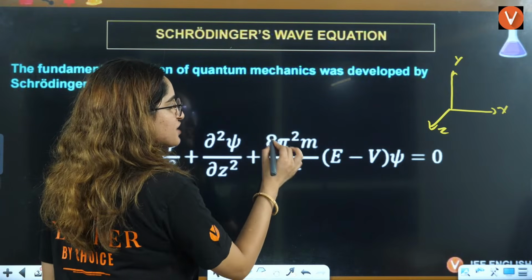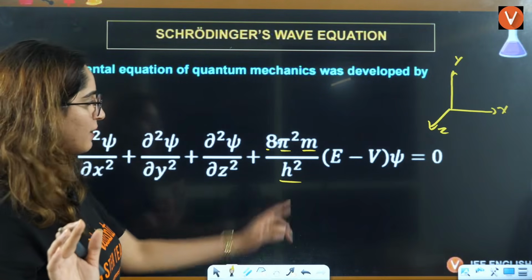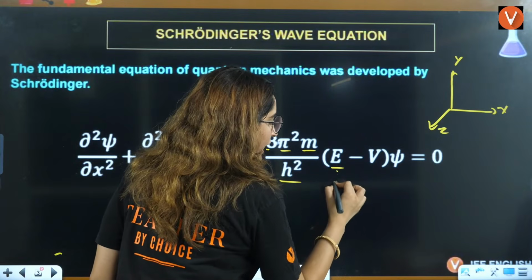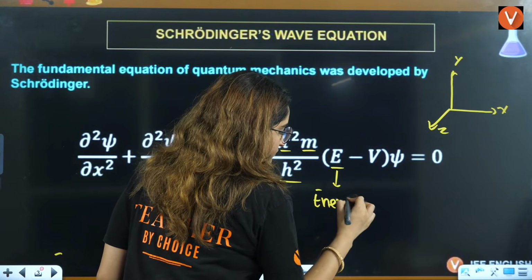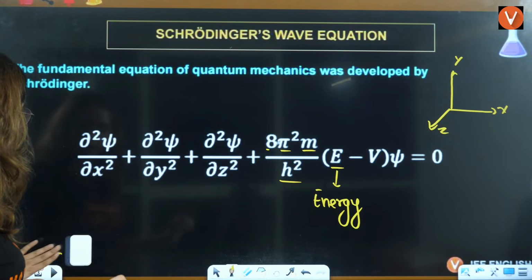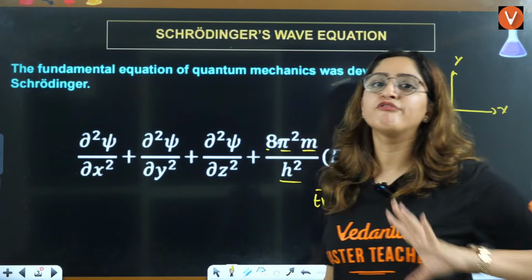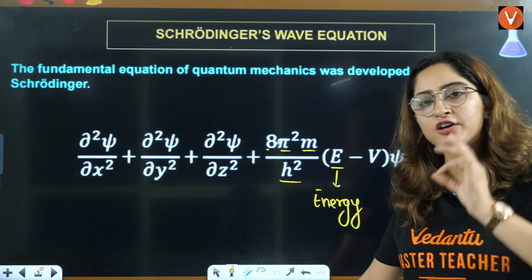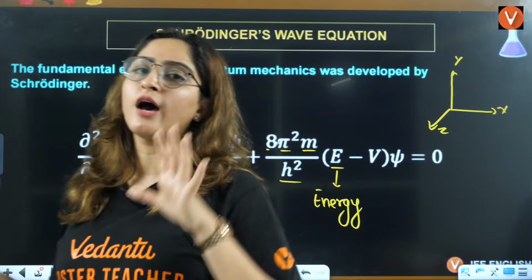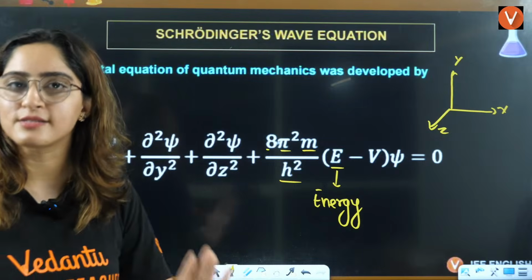And this is a constant, 8 pi square m by h square. h is Planck's constant, m is the mass, pi is 3.14, E is the energy, V is the potential, and psi is the wave function. He said that this equation is always applicable for a wave function. That is beyond our scope, so we are not going to get into it. You just need to know that this is the equation.